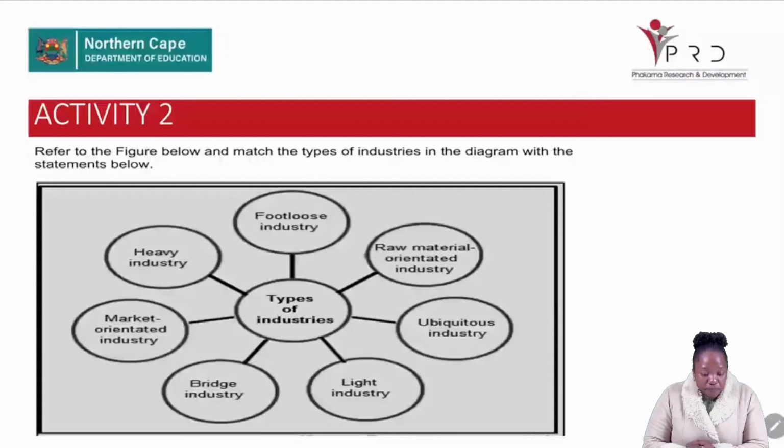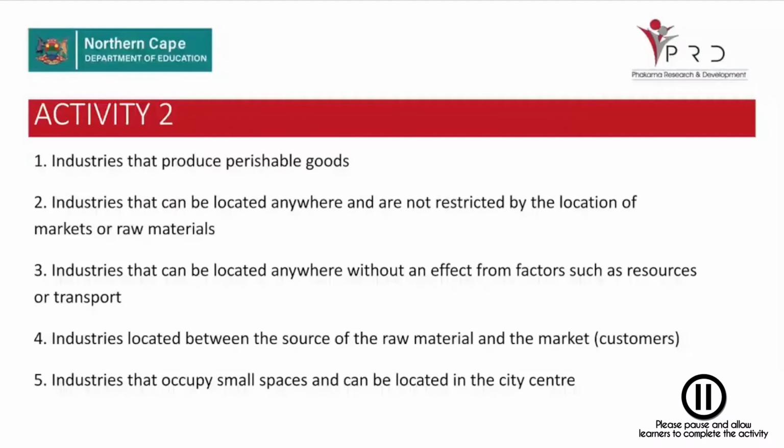Number 5, the industries that occupy a small space and are located in the city center. So again, you read the definition, then match it with the industry. I'm going to give you 5 minutes, so it's 1 minute per question. After 5 minutes, we're going to do the corrections together.